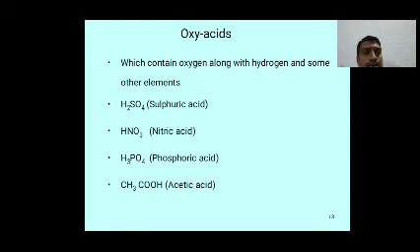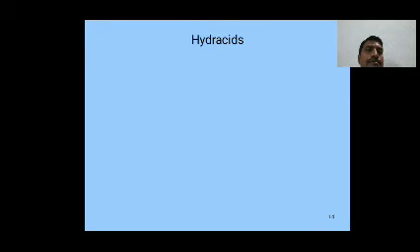Acids that contain oxygen with hydrogen and some other elements are called oxyacids: sulfuric acid, nitric acid, phosphoric acid, acetic acid.